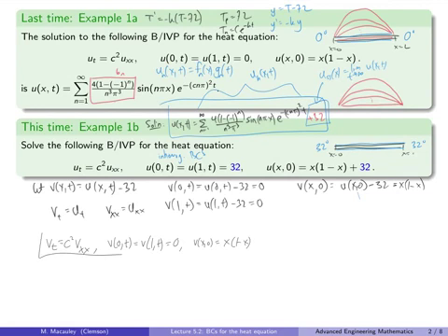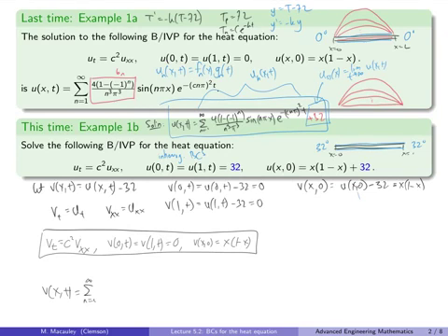So notice this is exactly what the homogeneous boundary value problem was. So in other words, we know the solution to v, it's the same thing as what we have up here for u.